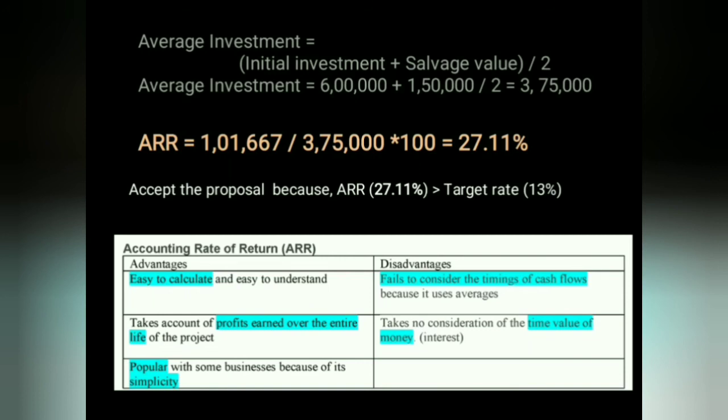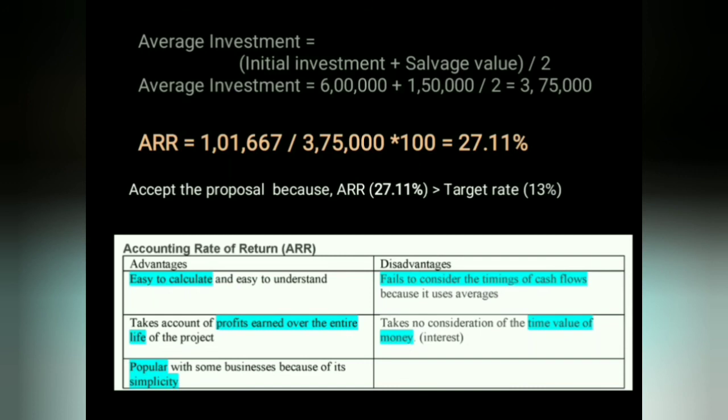And what are the disadvantages? Here we have some disadvantages. Failure to consider the timing of cash flows, because it uses an average. When we are not considering the timing of cash flows, it does not give an accurate value. Why?